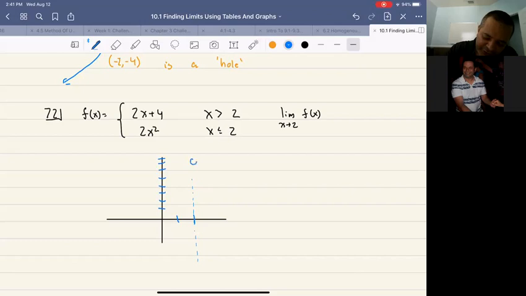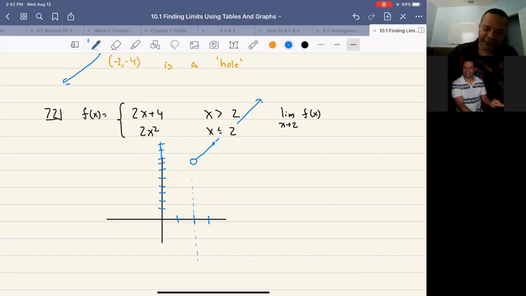And I'm going to draw this as an open circle. Just know that it's going to slope up 2, so I know it's going to look like so on the right. Now on the left, it's going to be a quadratic, right? Again, I'm going to plug in. What happens here when I plug in 2? Oh, 2 times 4 is 8.